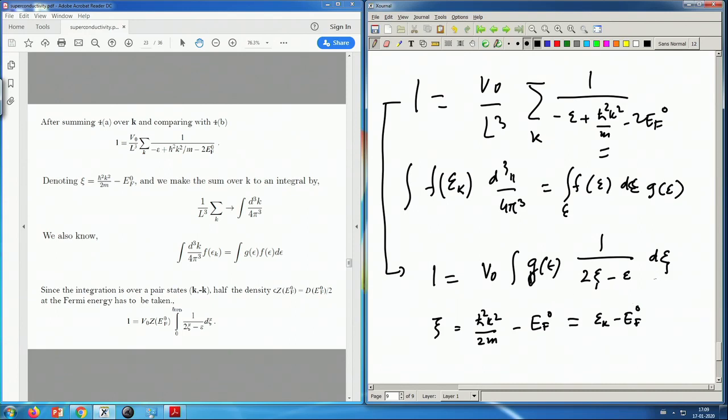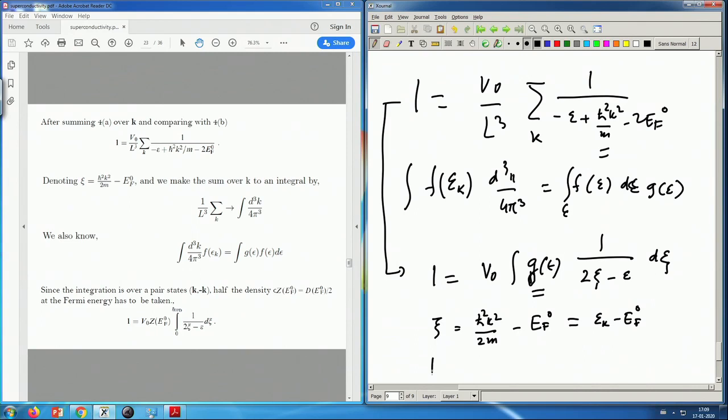So, I do something that we have been doing all along. Since we are interested in a narrow region about the Fermi level, this integral has to be within that h cross omega D window. So, this can now be taken outside by replacing it by its Fermi level value.